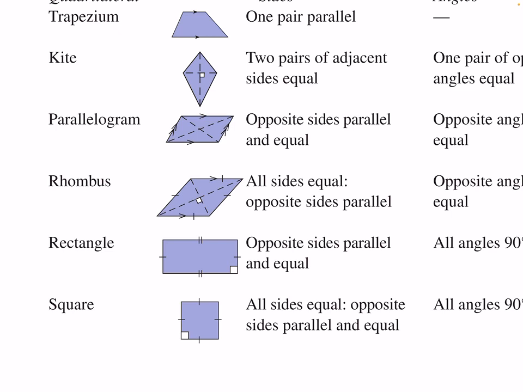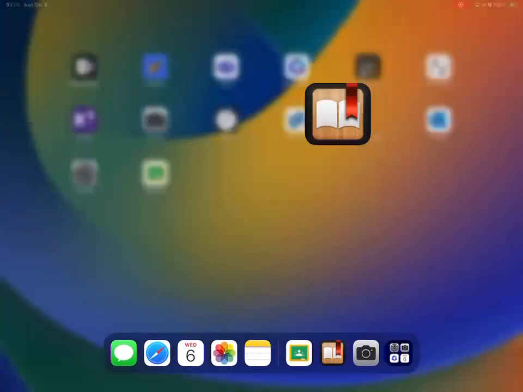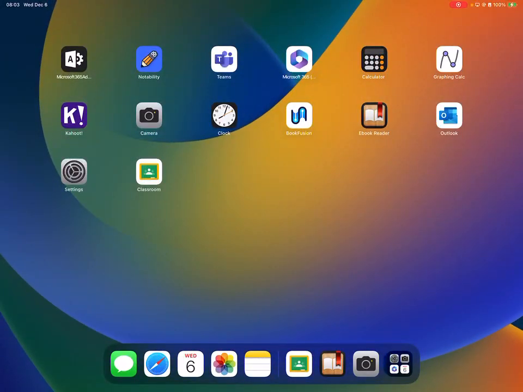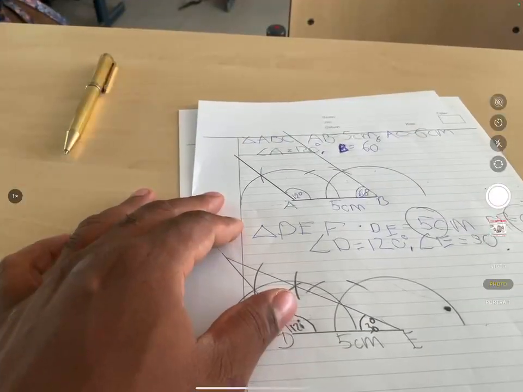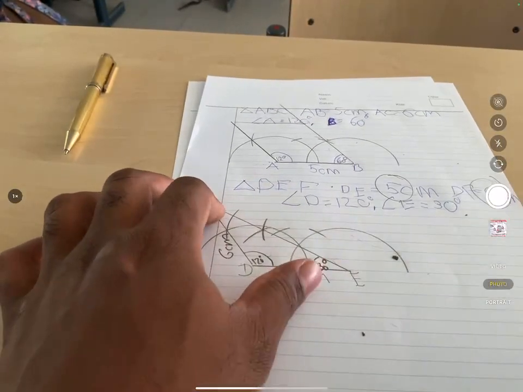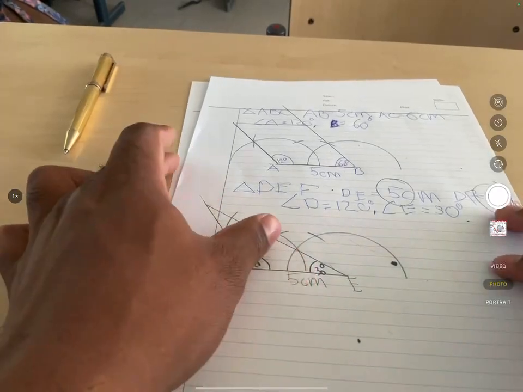So, let's create a parallelogram. It's very simple, very easy. And then you can create a rhombus. Do we have time? We have time.